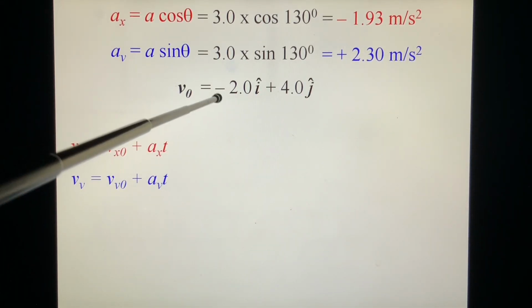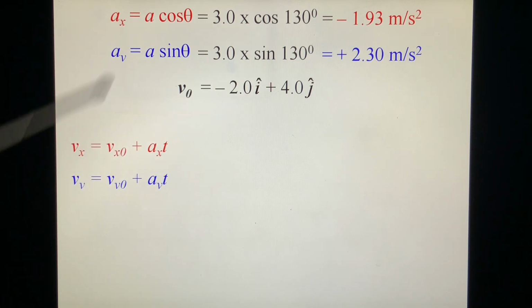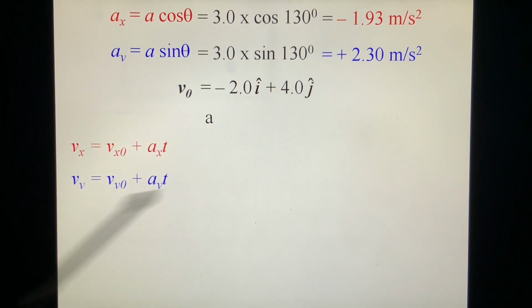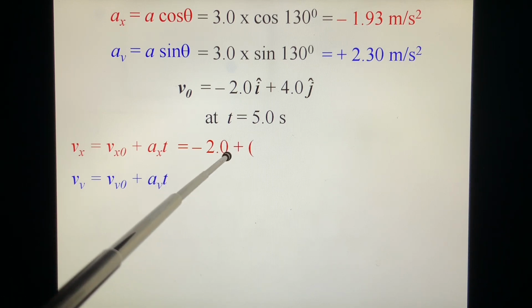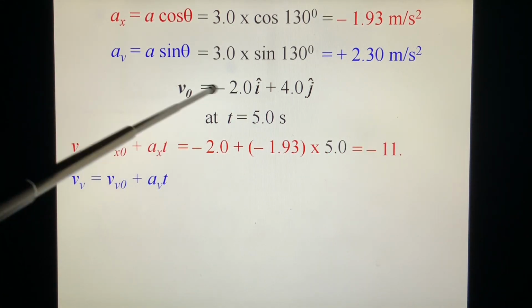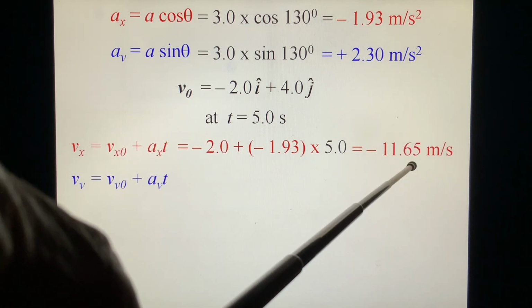v0 is given, so we put these in one by one. Vx equals Vx0 plus ax times t, with t equal to 5.0, and we get Vx.